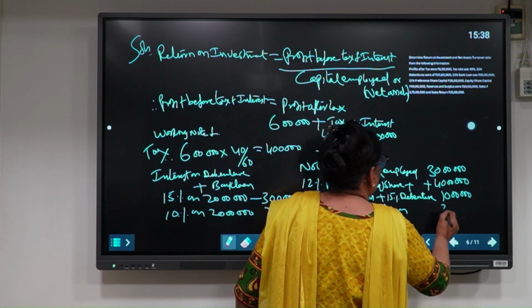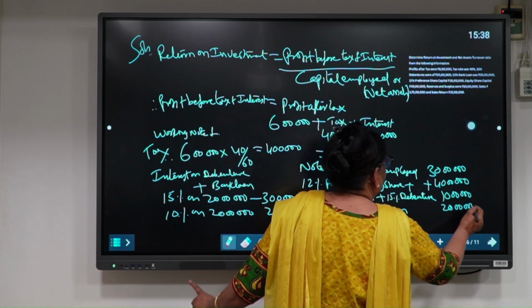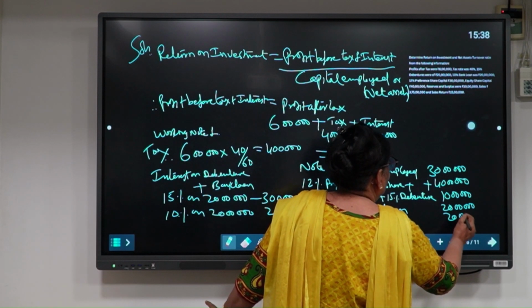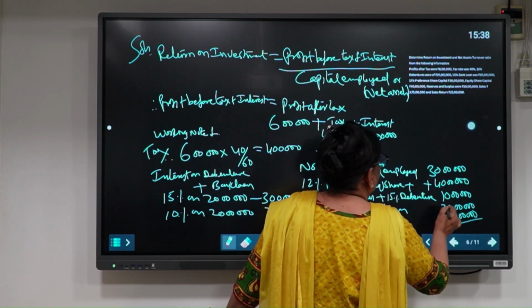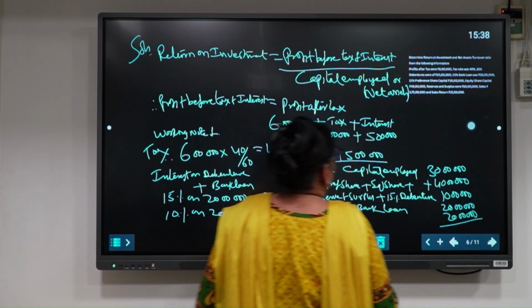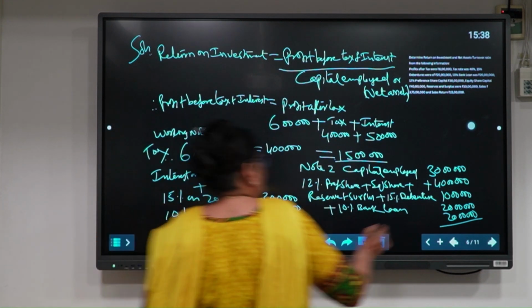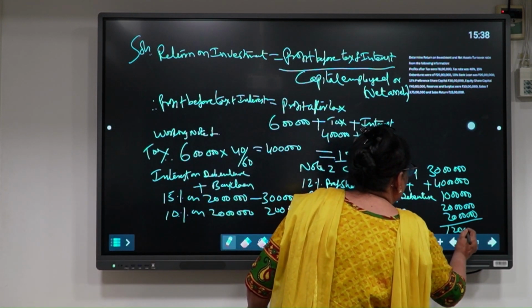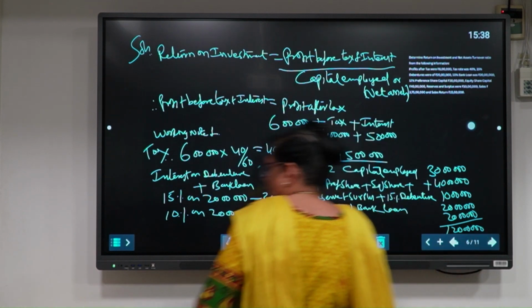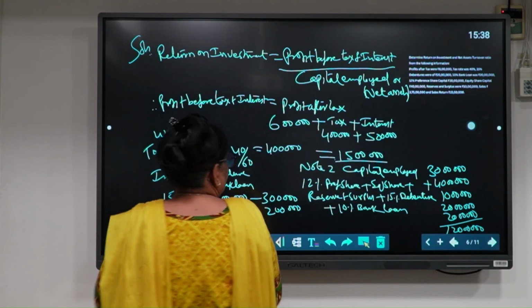Plus debentures we know 20 lakhs. We have just done the interest. Bank loan we know 20 lakhs. Total: 20, 20 is 40, 50, 50, 90, 1 crore 20 lakhs. Just check, 1 crore 20 lakhs. Correct? We are getting 1 crore 20 lakhs.